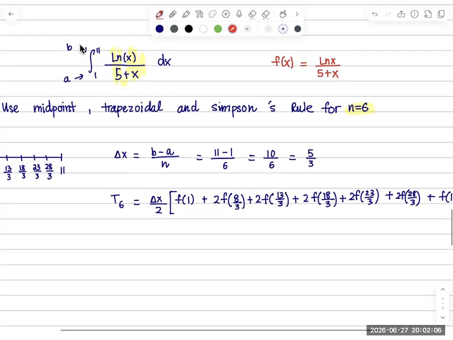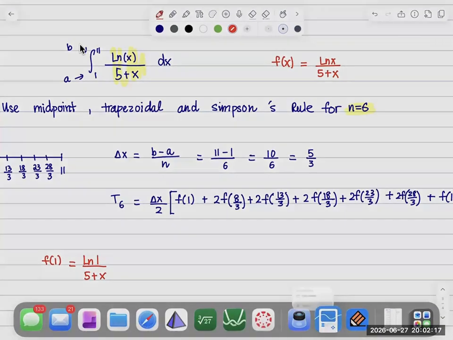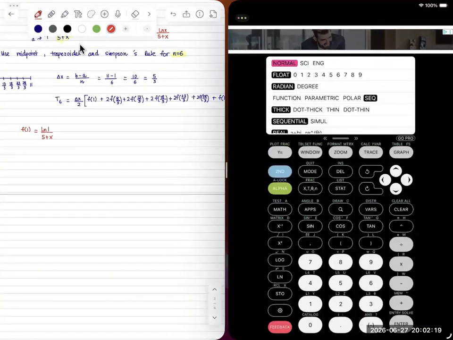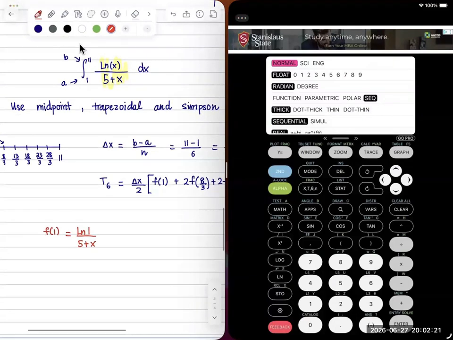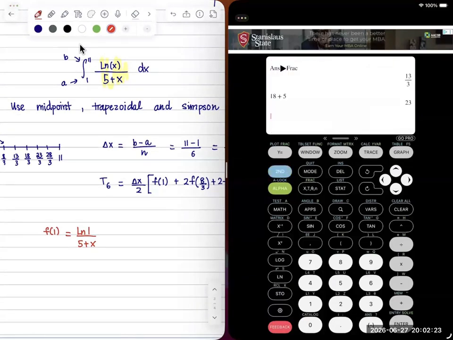So in your calculator, f of 1 will be ln 1 over 5 plus 1. I'm going to pull out my calculator again and enter those numbers in. Let's assume you just have a scientific calculator, then you will have to enter everything manually. So I'm going to do 5 plus 1. That is my first one, which is 0. So f of 1 is 0.